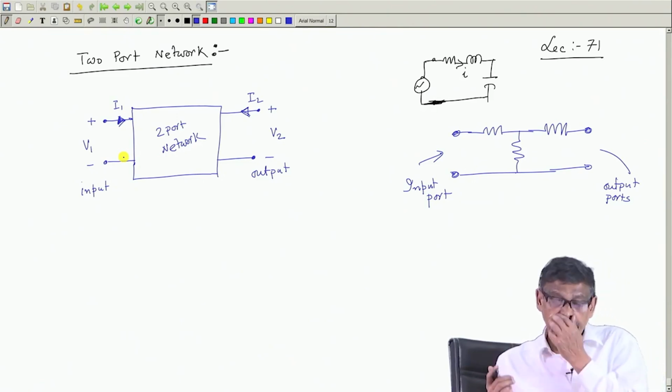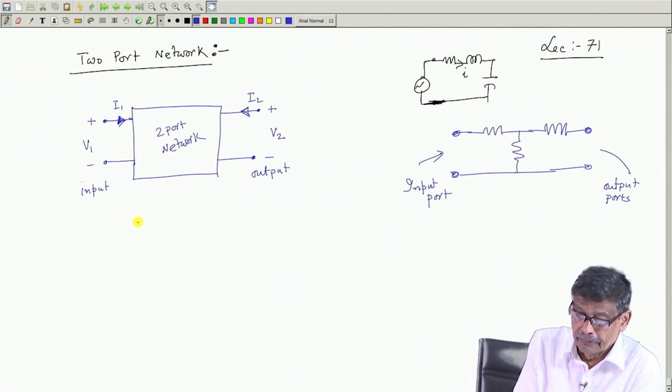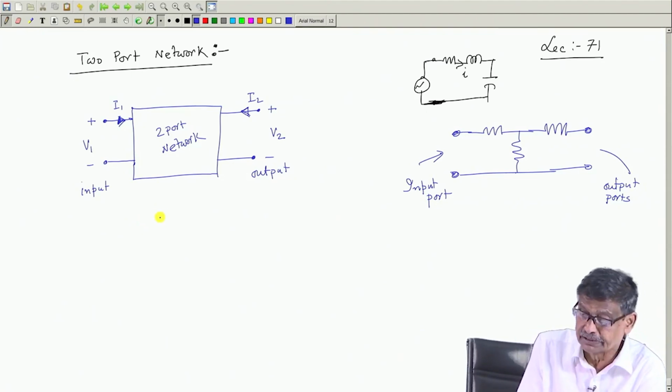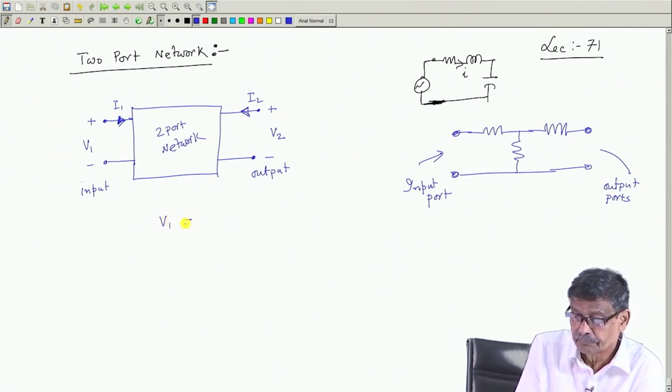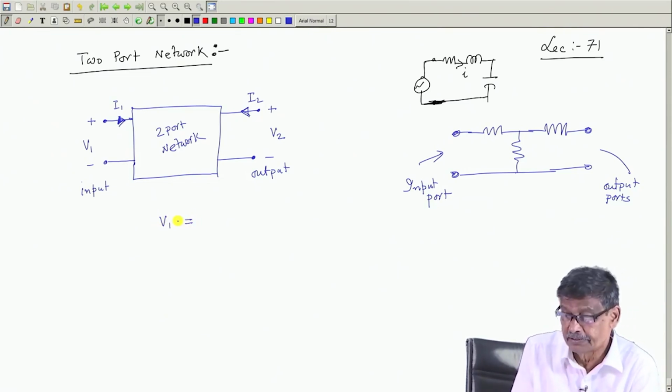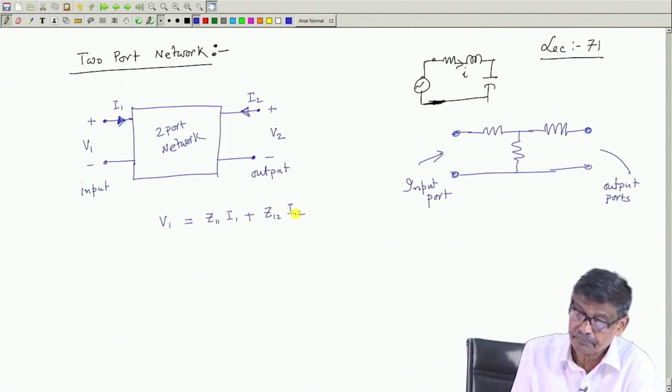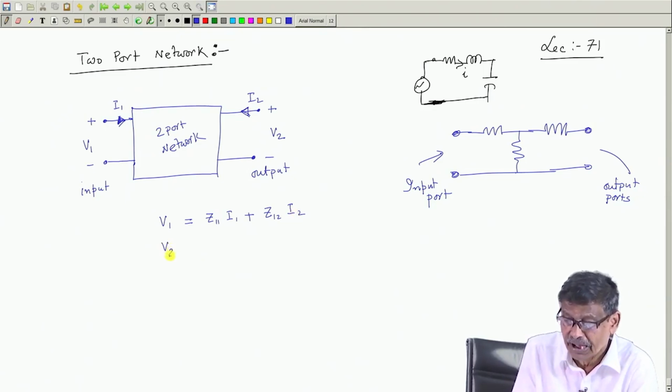For example, I will say that the voltage V1 can be expressed in terms of the currents, that is Z11 I1 plus Z12 I2. Similarly, V2 I will say is equal to Z21 I1 plus Z22 I2.